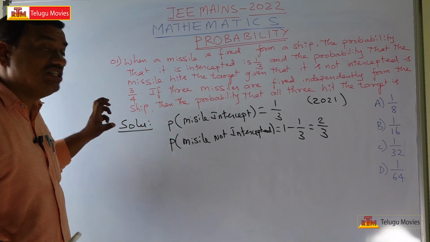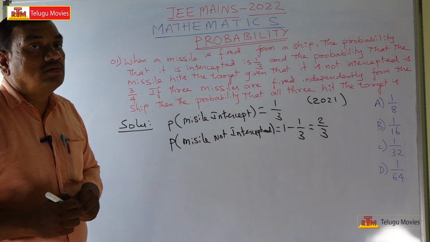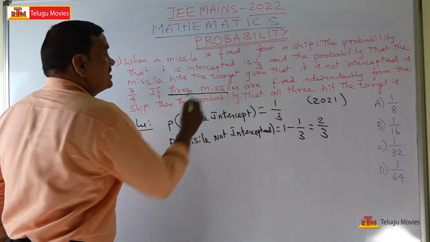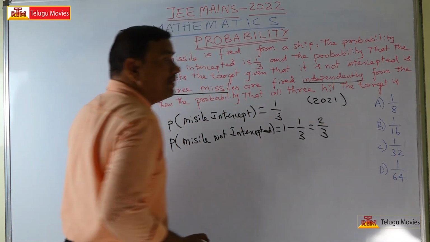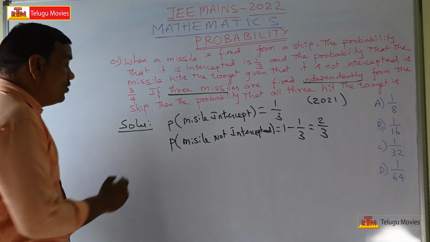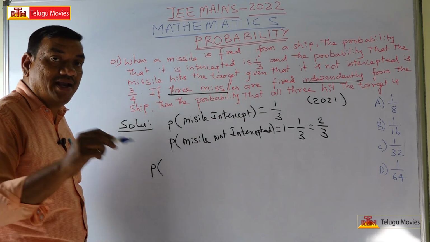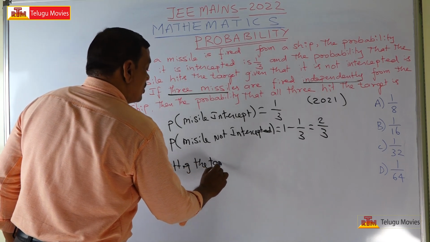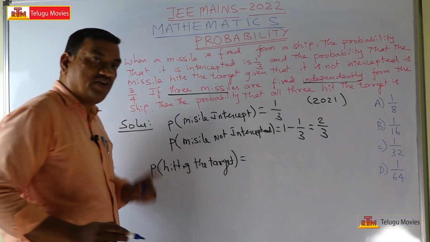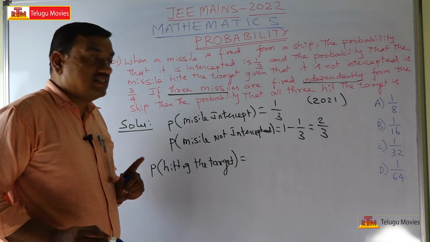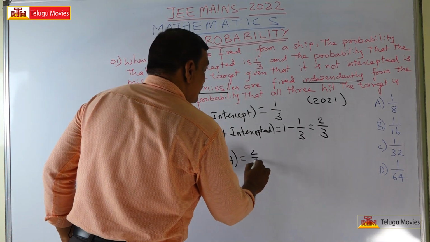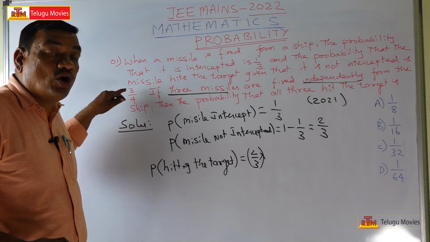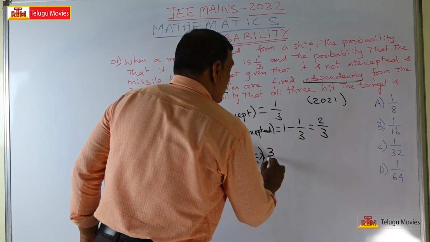Understand? Now how many such missiles are fired? 3 missiles are fired independently. So what is the probability of hitting the target? For the first missile, being successful is 2/3 into hitting the target, which is 3/4.